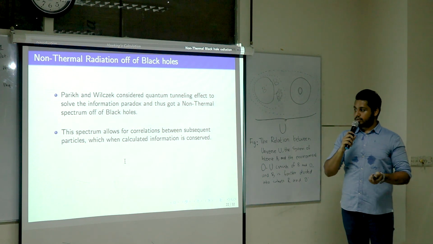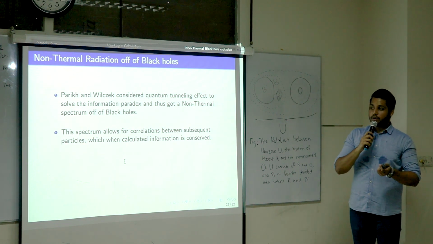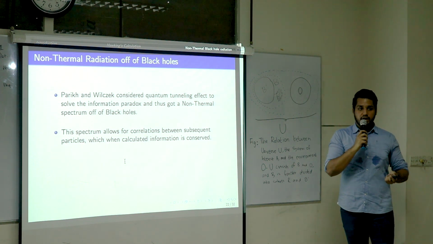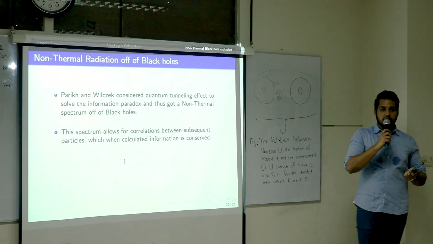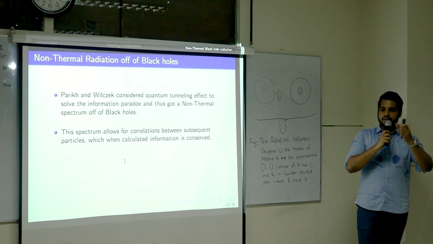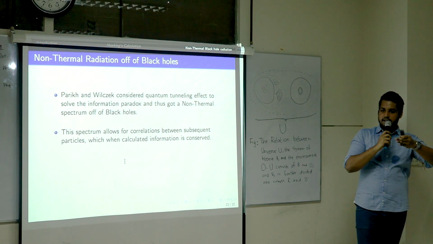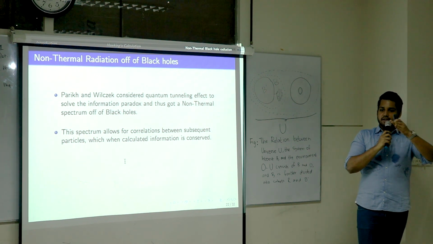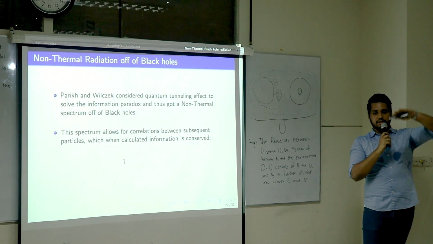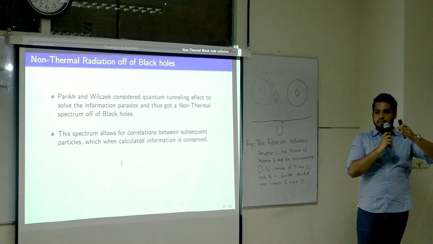And obviously, as I said before, the spectrum allows for correlations between subsequent particles, and when calculated, information is conserved. As Rakin said before, for the Page curve, correlations started taking effect at the halfway point. If n particles eventually come out of black holes, then the Page curve decreases the entropy after n by 2 particles.